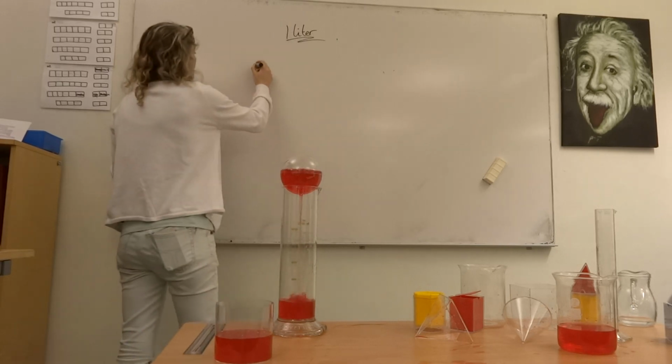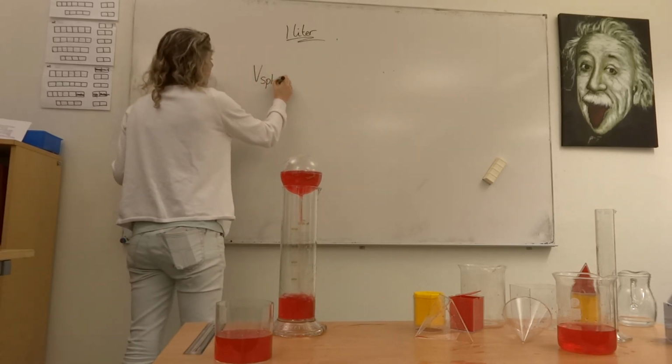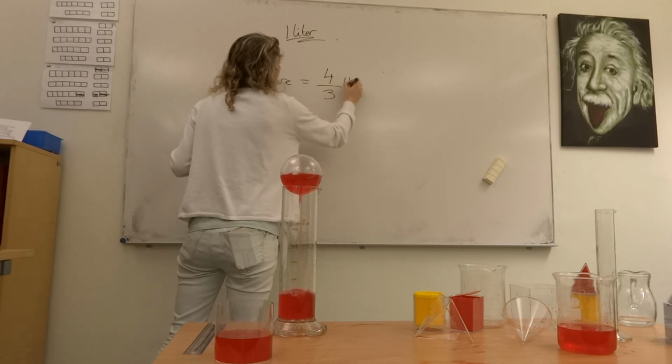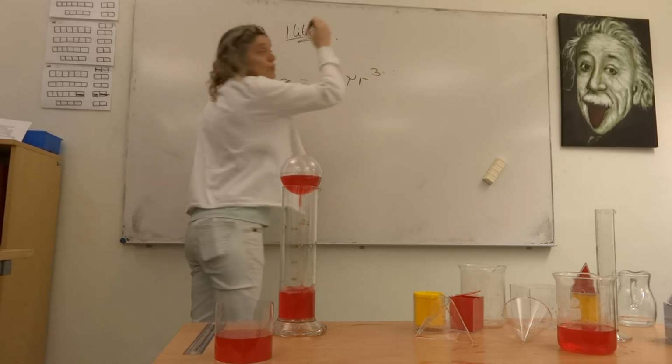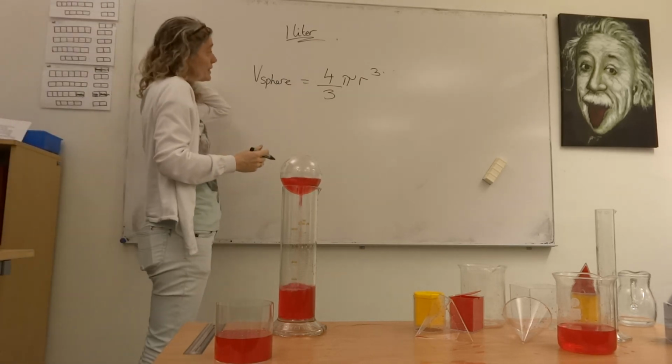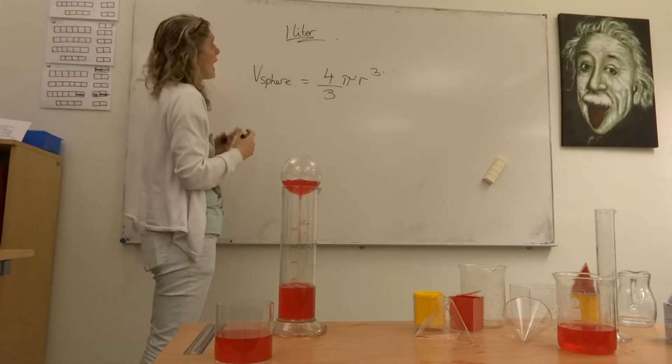The volume for a sphere has the formula 4/3 pi r cubed. Okay? So this is the formula to calculate.